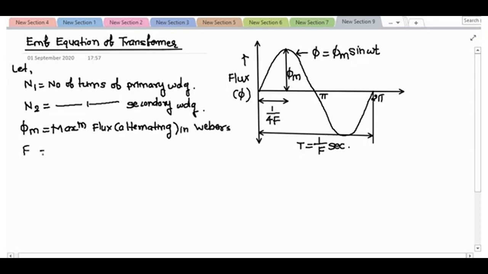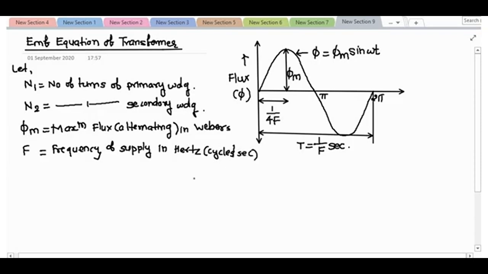And let f be the frequency of supply in hertz, or we can say cycles per second.